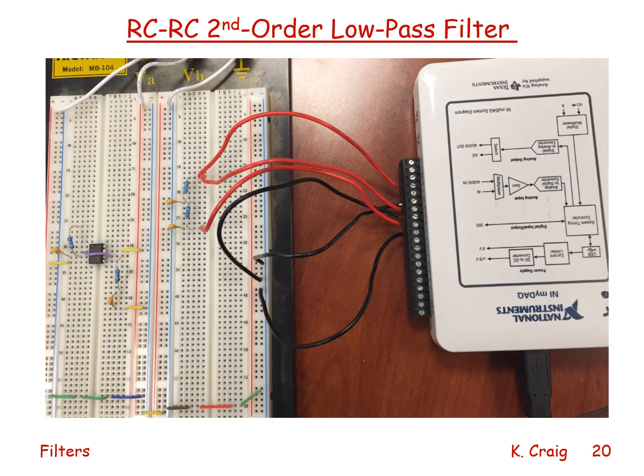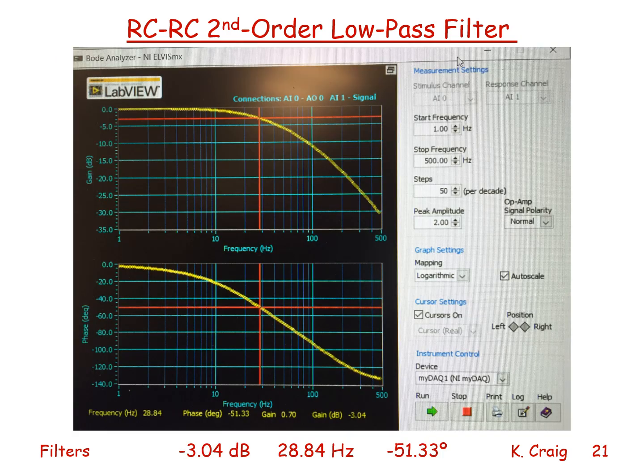Let me show you in hardware how we can test this. Here I've breadboarded an RC second order low pass filter, and I've hooked it up to my National Instruments myDAQ data acquisition device, and hooked it up in a way to view the Bode plot, the frequency response plot for this RC second order low pass filter. And if I do that, I see that I have here my second order RC low pass filter.